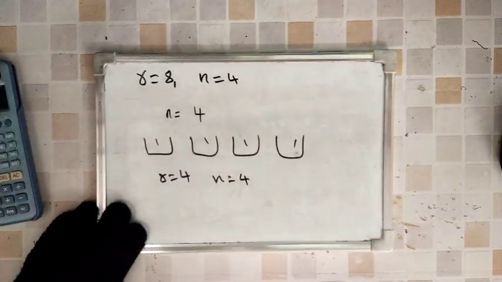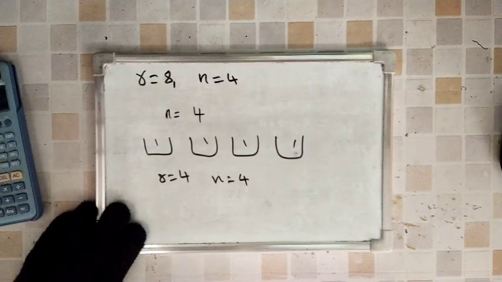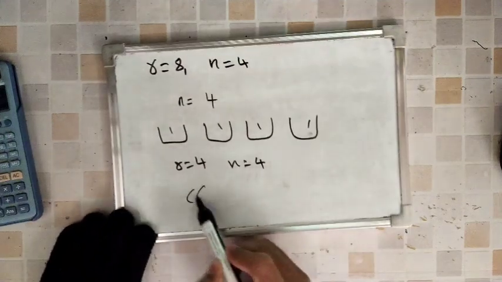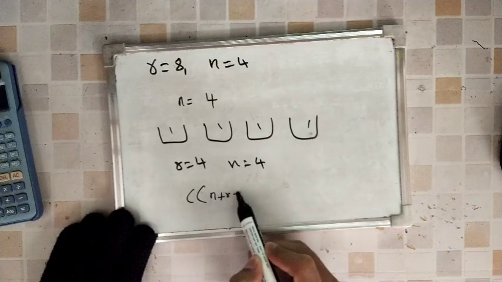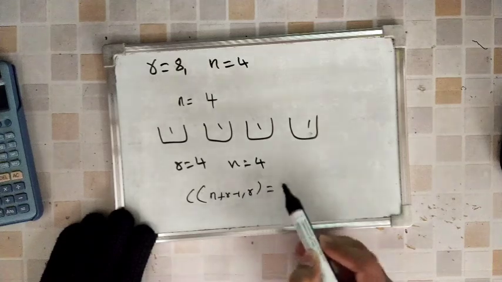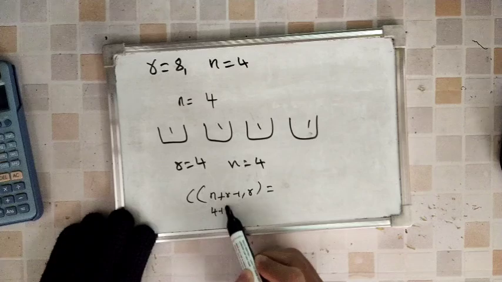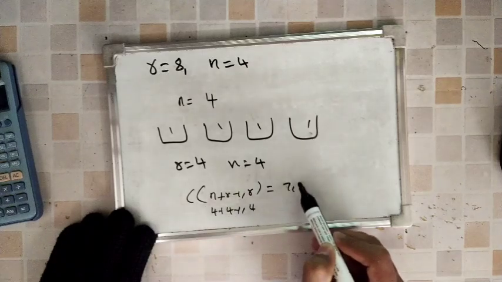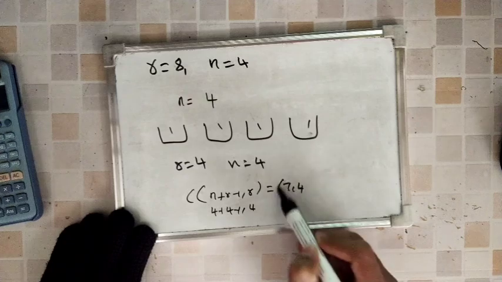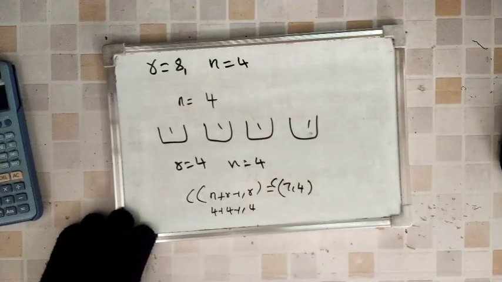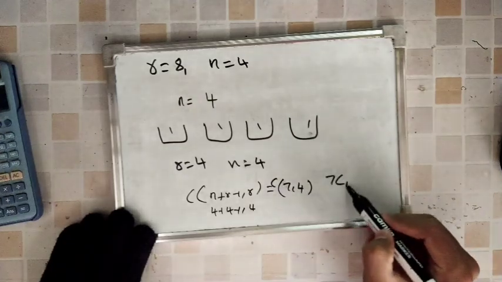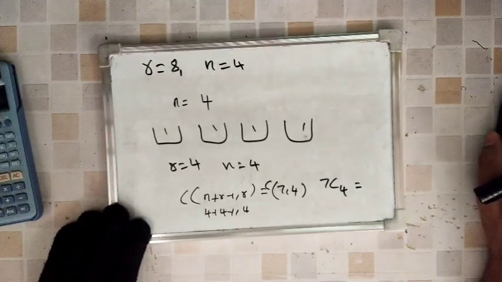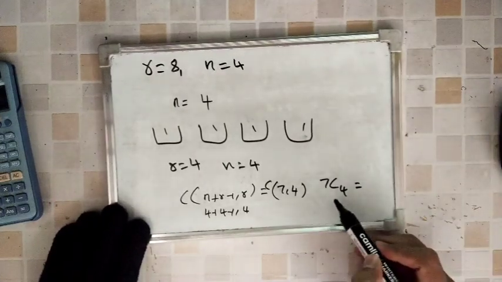So I will put C of n plus r minus 1 comma r, which is 4 plus 4 minus 1 comma 4, 4 plus 3 is 7 comma 4. C of 7 comma 4, which is nothing but 7C4. So the answer for your first question, no container is empty, is 7C4.